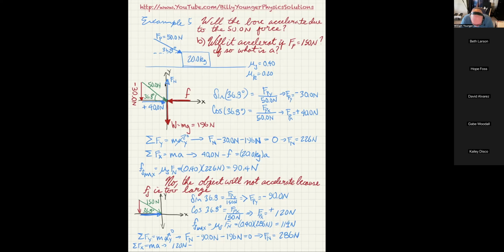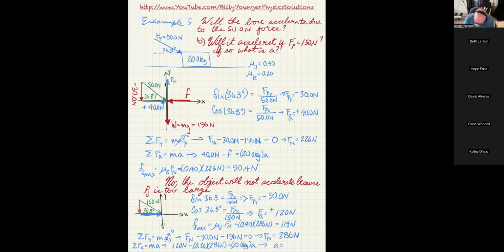We're going to deal with the kinetic coefficient of friction, because kinetic friction is going to be at play. That means the friction force is 0.20 times the normal force, which is 286 newtons, and all that is equal to 20.0 kilograms times a.